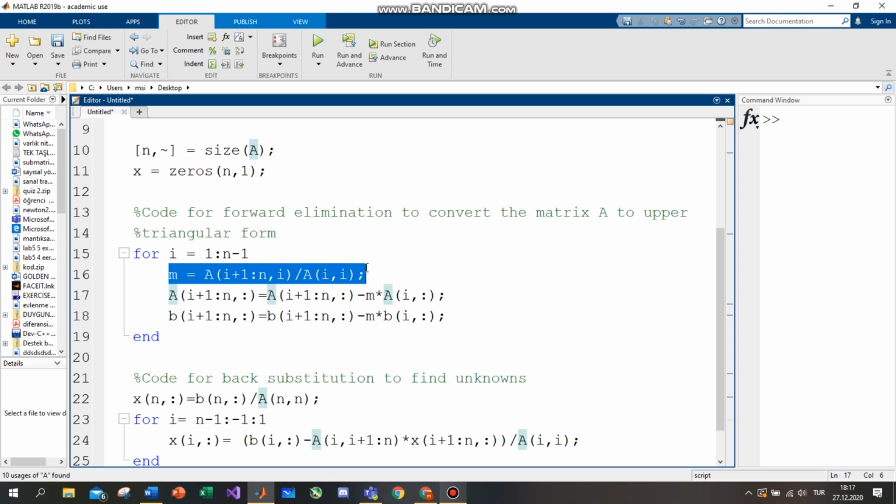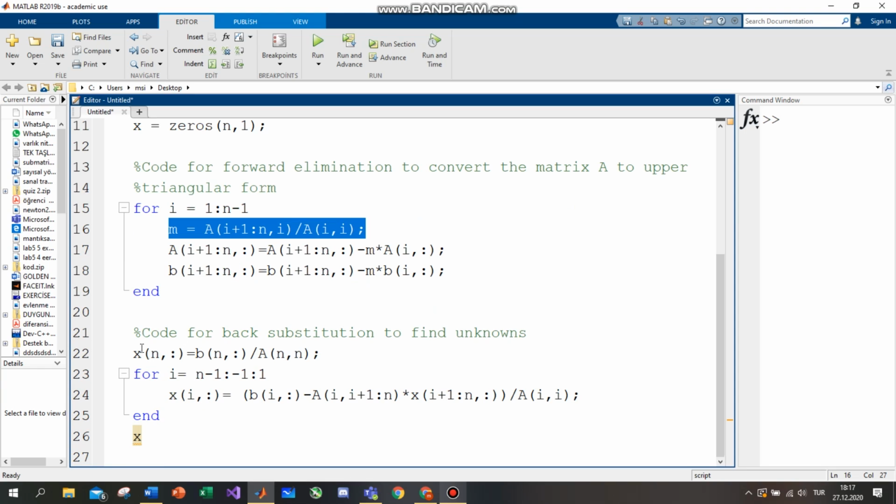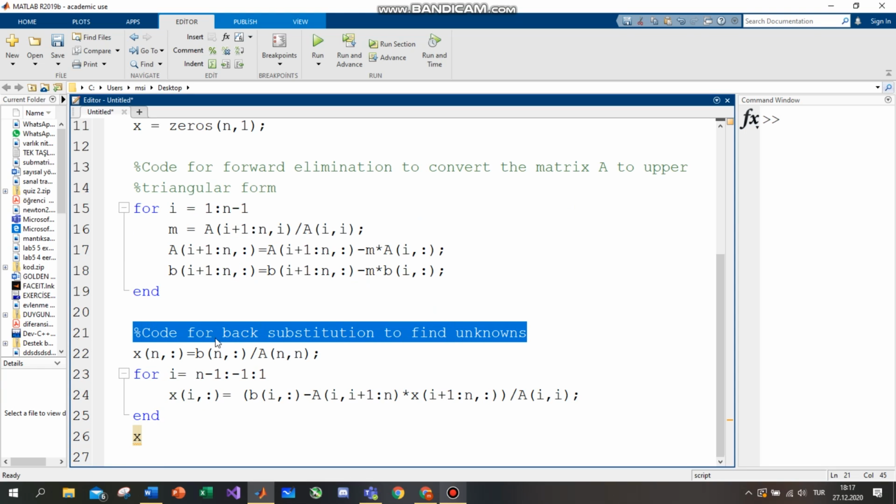This is a column, so we only consider the coefficient matrix and the constant matrix, and this one is the code for back substitution to find the unknowns.